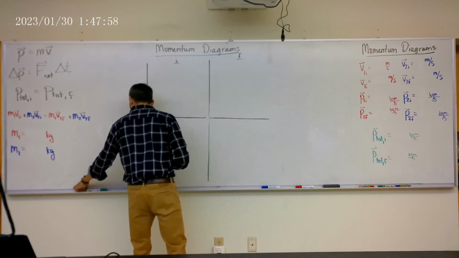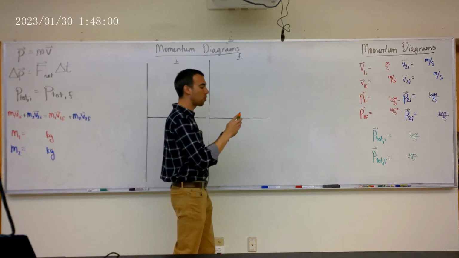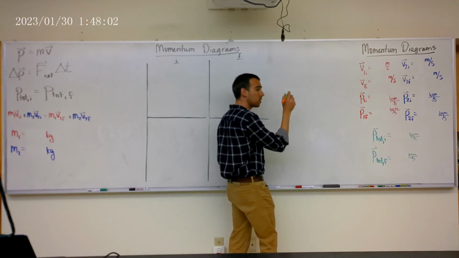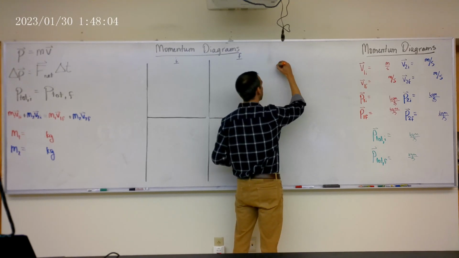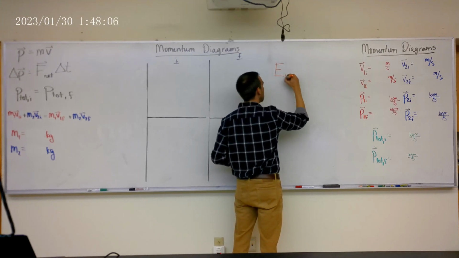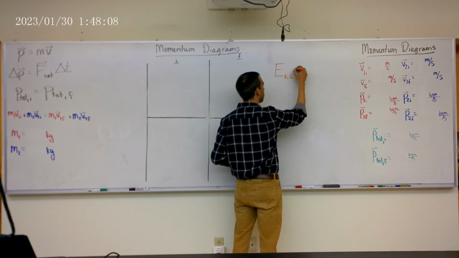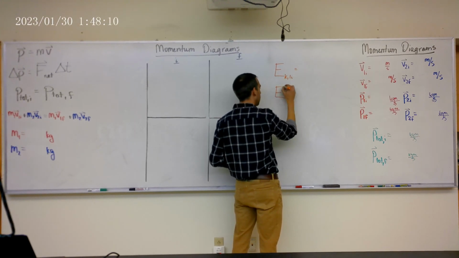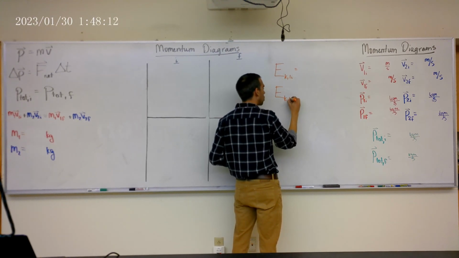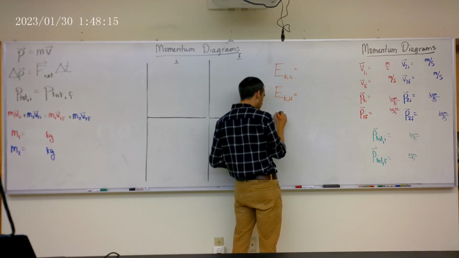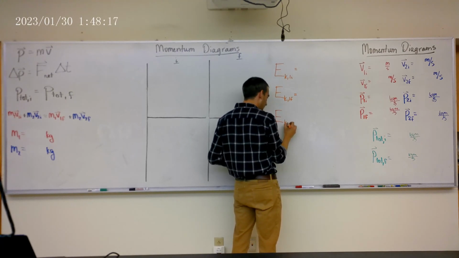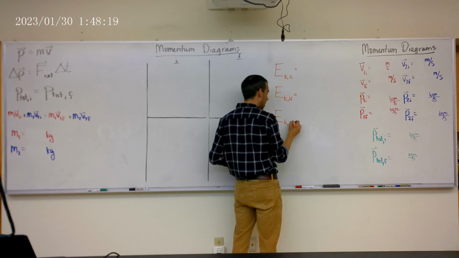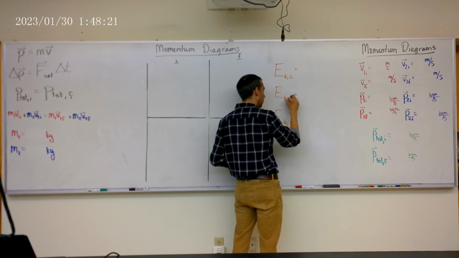So I need you to also calculate one additional thing if you're one of the calculator people for this one. I'll come to you in a sec, Jason. I want you to calculate the initial kinetic energy for the first object. I want you to calculate the initial kinetic energy for the second object. I want you to calculate the final kinetic energy for the first object.